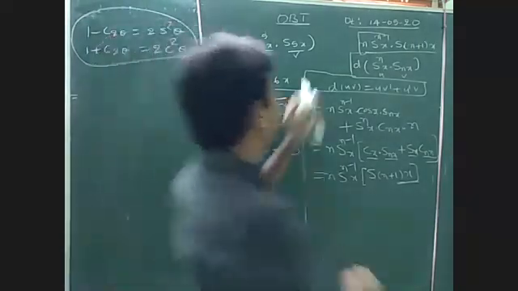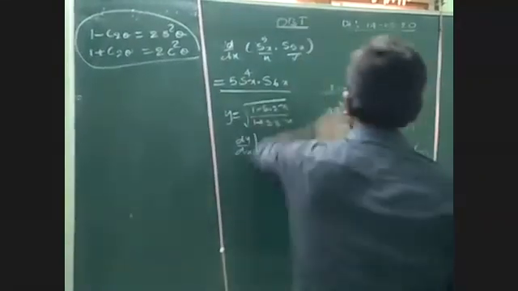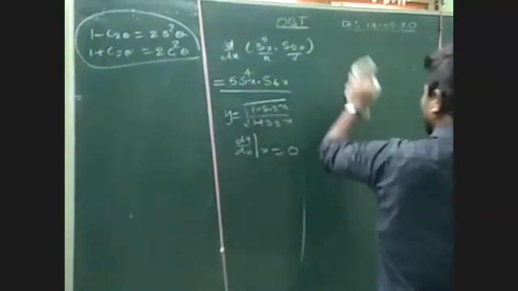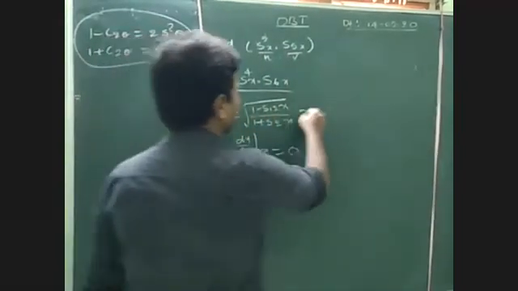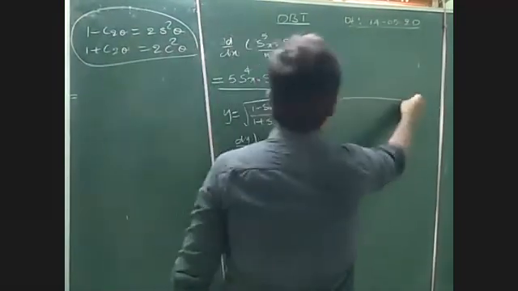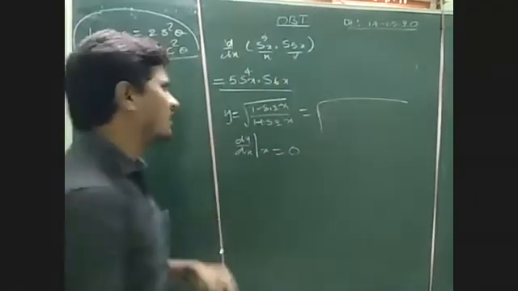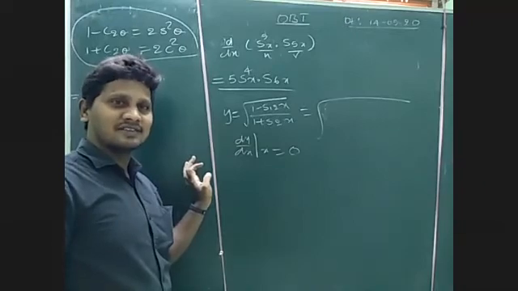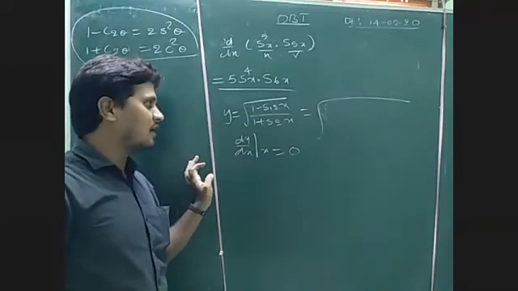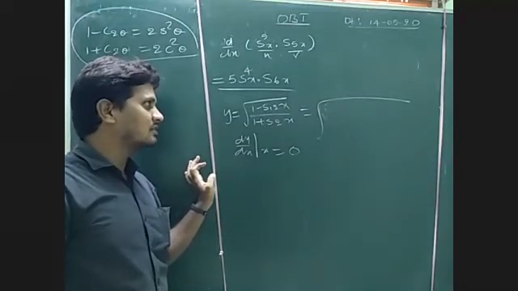Or else, how to do that? Rationalize. After rationalizing, the denominator will get 1 minus sin square.